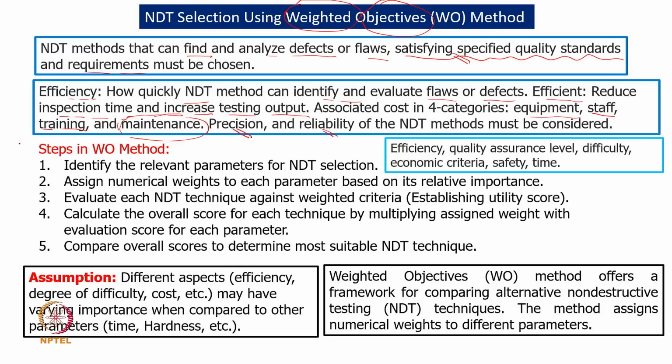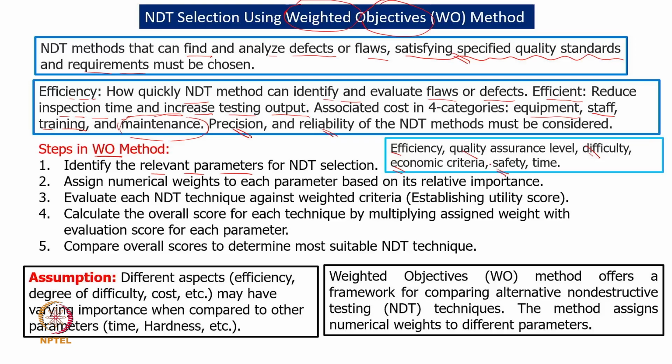Now, what are the steps in the weighted objective method, that is the WO method? We ask what the relevant parameters are for our purpose, for the NDT selection. Now, what are the relevant parameters? It can be efficiency, quality assurance level, or difficulty level, where we want the simplest equipment and not a very difficult one. Or maybe the economic criteria, or the safety.